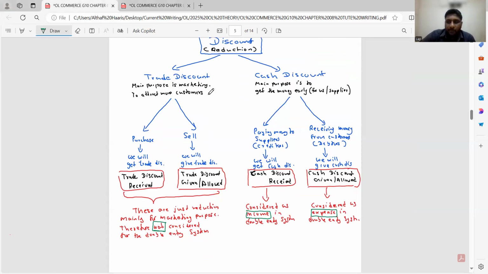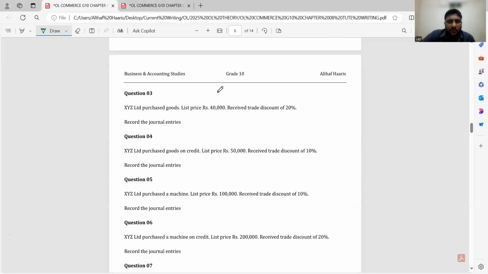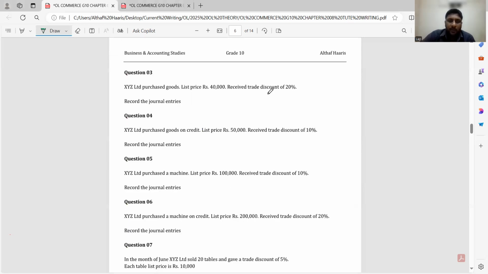Now, let's move to the next question. XYZ purchased goods, list price 40,000, received a trade discount of 20%. Record the journal entries. So people, list price is 40,000, the list price or displayed price.